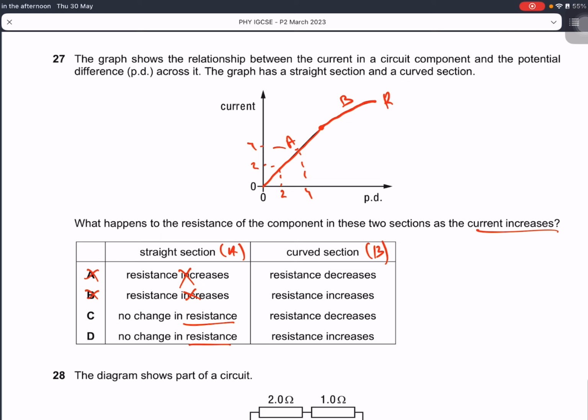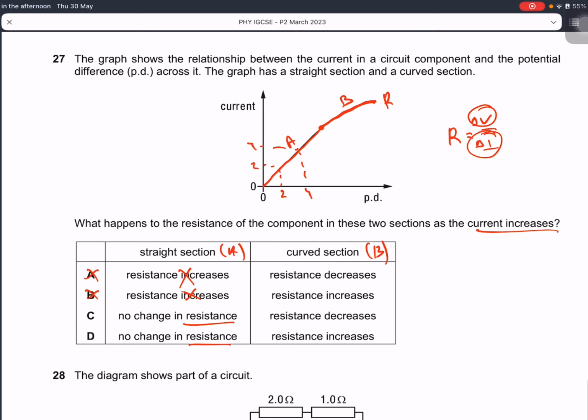What happens in the curve? Check this one out. In the curving part, as current increases, will resistance decrease or increase? We go to the formula, Ohm's law: resistance equals V over I. Check which one increases more. They used to increase the same before, in the straight line. That's why it's constant. But if V changes more, resistance increases. If I changes more, resistance will decrease.